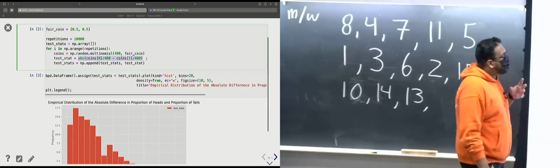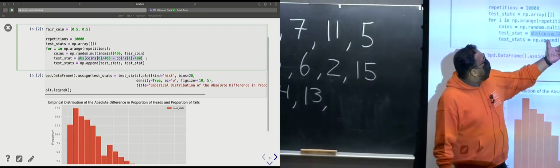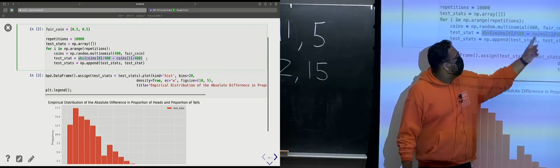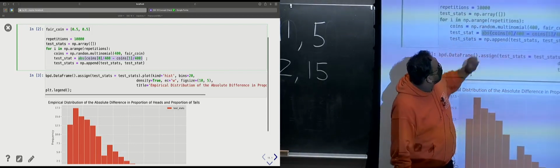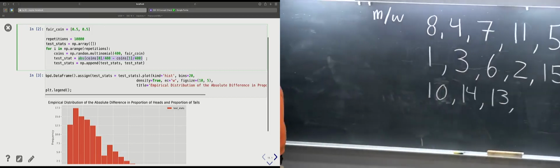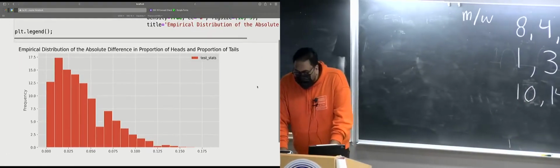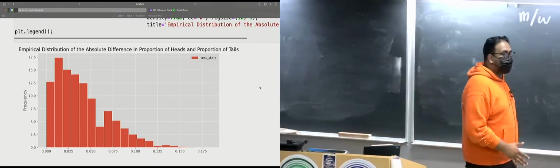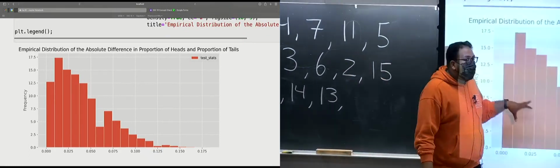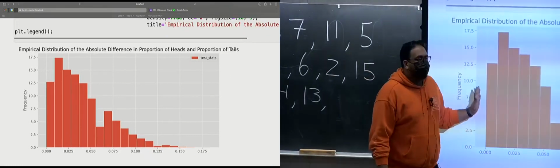It's the absolute difference in proportion of heads minus tails. Okay, so this is proportion of heads, this is proportion of tails. There's the difference, and it's an absolute because I'm calling the absolute value function. Okay? And so what this is saying is, if I have a fair coin and flip it 400 times, here are the test statistics I would expect to see.